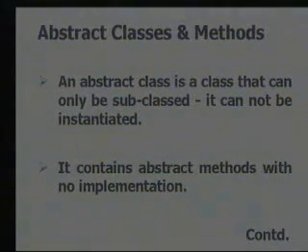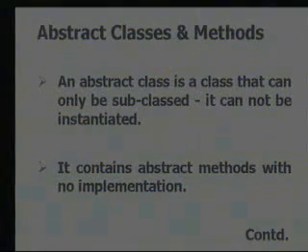Now let's see the more precise definition. An abstract class is a class that can only be subclassed; it cannot be instantiated. If a class contains the implementation of all its methods, then you can create an object. But if any method defined in a class does not have implementation details, then you cannot have an instance of it.